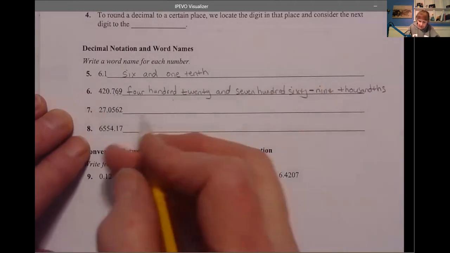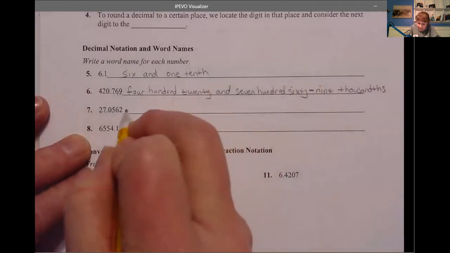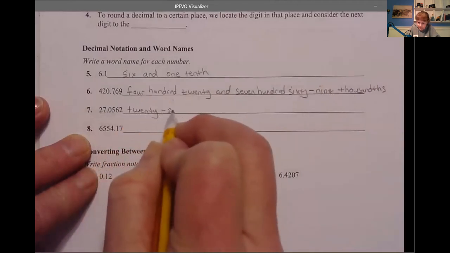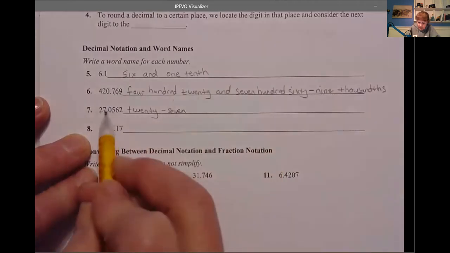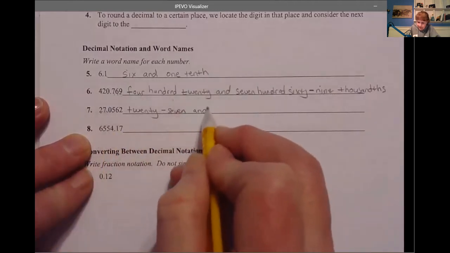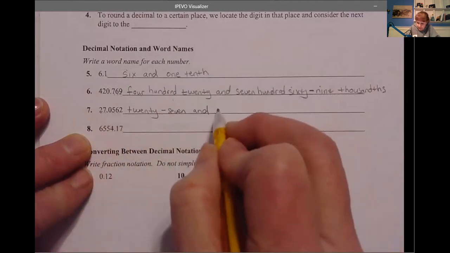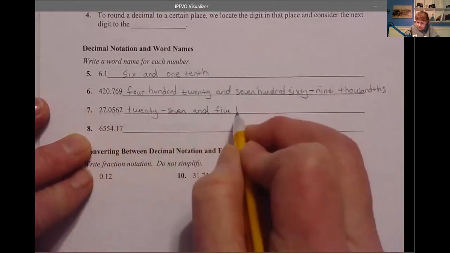Let's do another one. 27, right. Then we come to our decimal and 562. So we write 562.